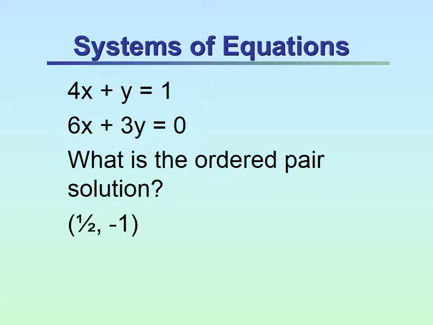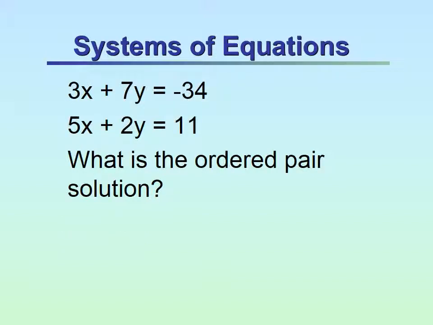Okay, you should have gotten the answer 1/2 comma negative 1, or 0.5 comma negative 1. All right, go ahead and try this one. You should have gotten the answer 5 comma negative 7.